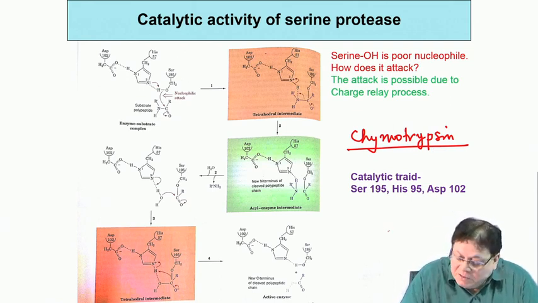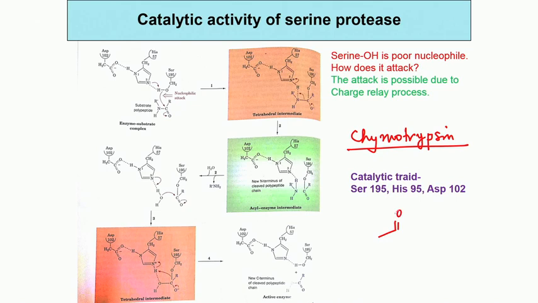Okay. So, that means, if you have a peptide bond like this, CO NH, and this is the peptide and this is the peptide, here there must be some aromatic group, and that is what is needed. So, the peptide bond that is broken is this one. So, that is what is chymotrypsin.